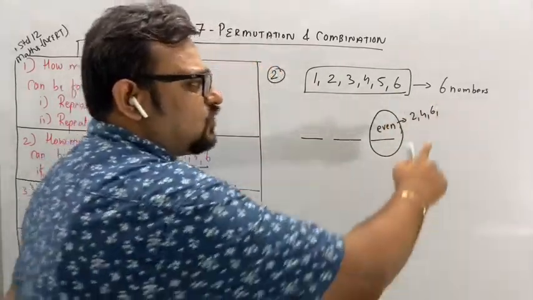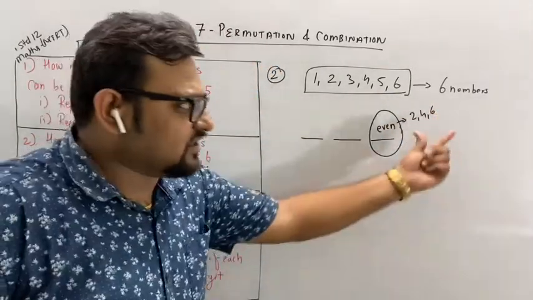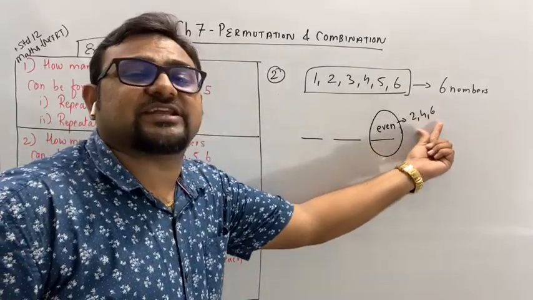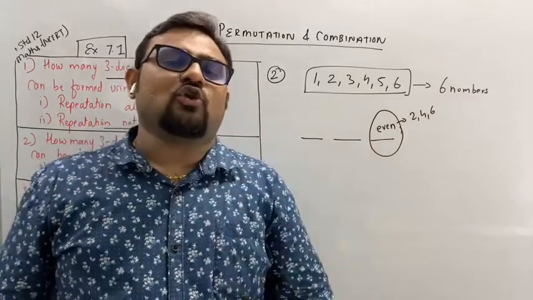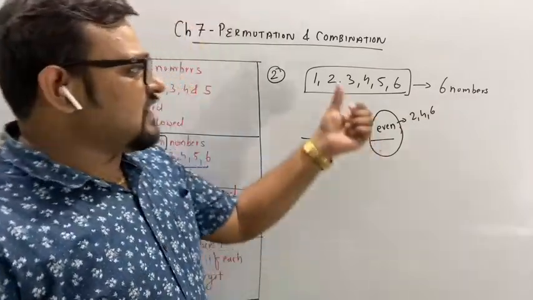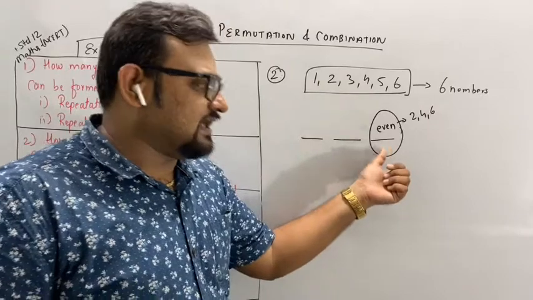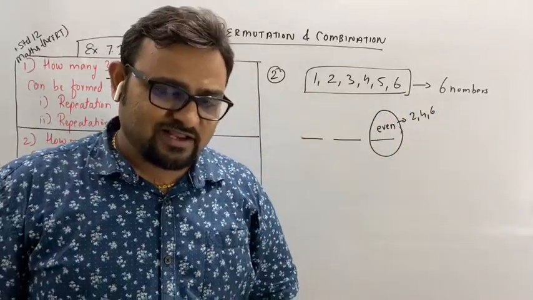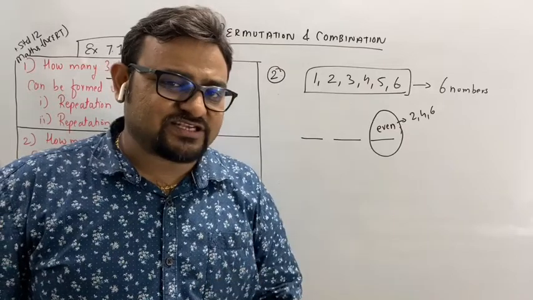So we will not put all 3 numbers, but we have to put any one from these 3 only. Then only it will be even. If I put 1, 3, or 5, then the whole 3 digit number will be odd. Clear? So, what is our strategy?